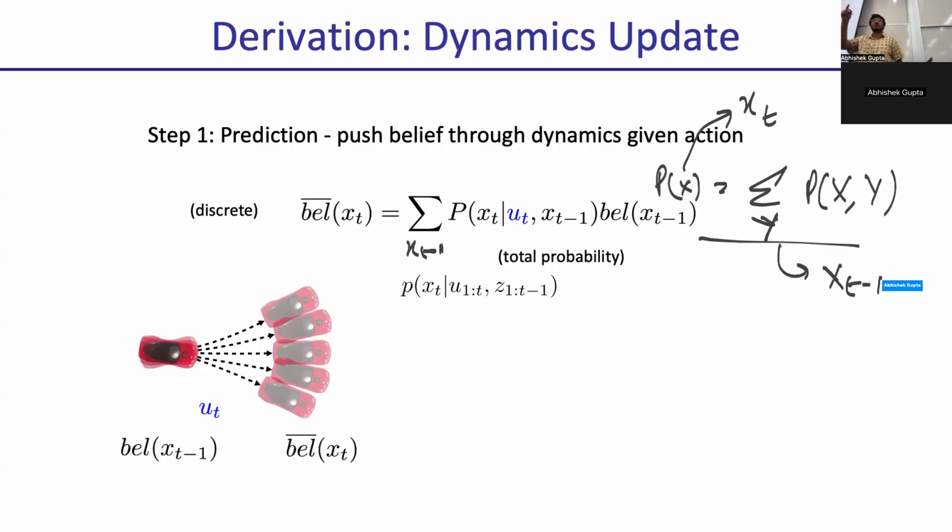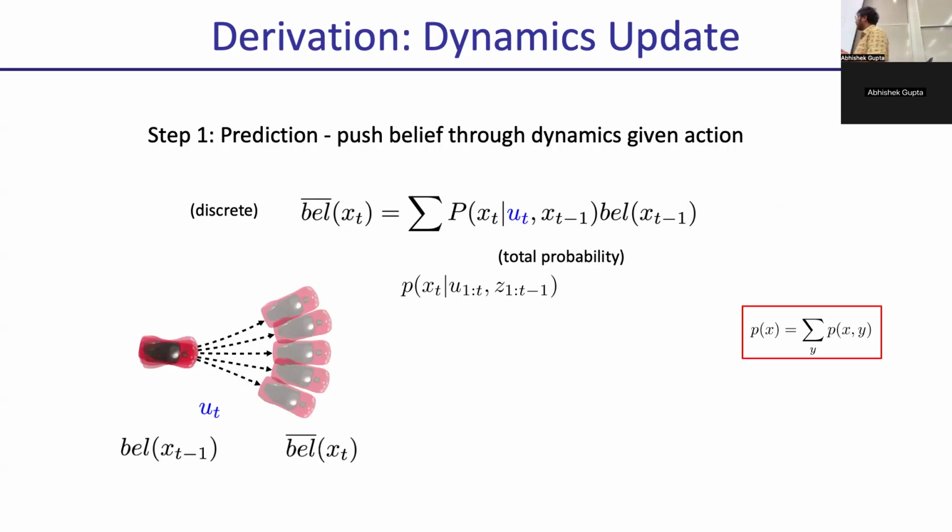So I'm going to introduce an additional variable xt minus 1 and sum out over it. All this is saying is to almost ignore all the stuff to the right side of the bar for now. It's just conditioning. It doesn't matter.